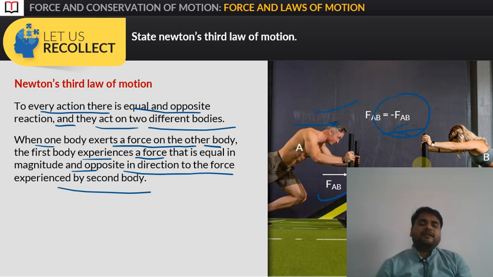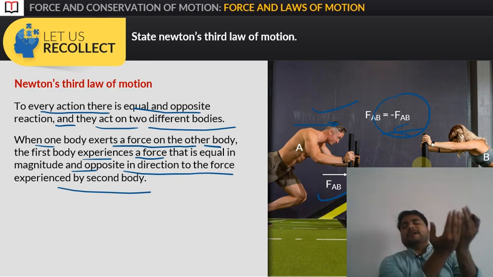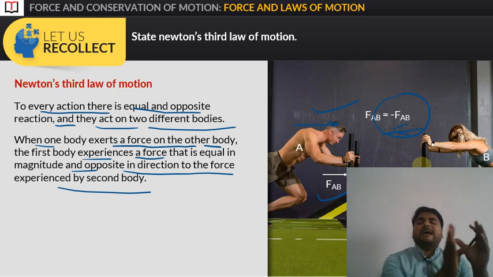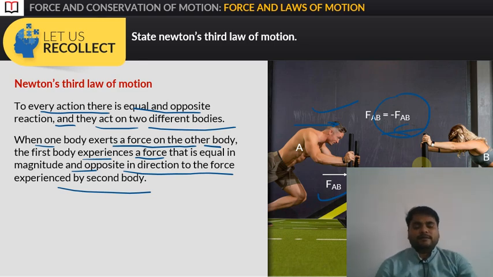With the help of the diagram we can see that when the man applies a force on the cart, the cart also applies an equal and opposite force, which balances each other. That's why the object is at rest and not moving. So, every action has an equal and opposite reaction. This is also known as Newton's third law of motion.